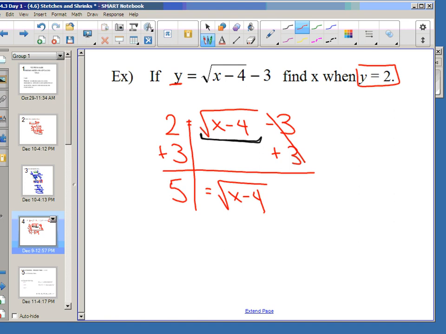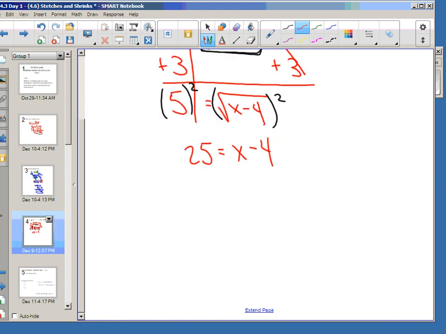We do have x minus 4 by itself now, so we can go ahead and square both sides of our equation. 5 squared is 25, and then our square root and squared cancel each other out to leave us with just x minus 4. And our last step is to solve for x. Add 4 on both sides. Those cancel there, and we have x equals 29.